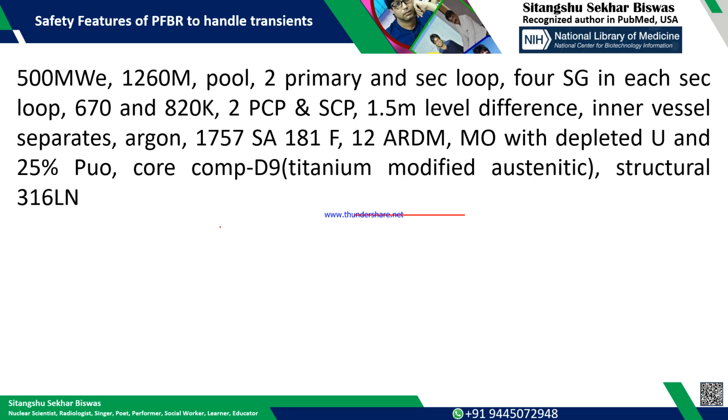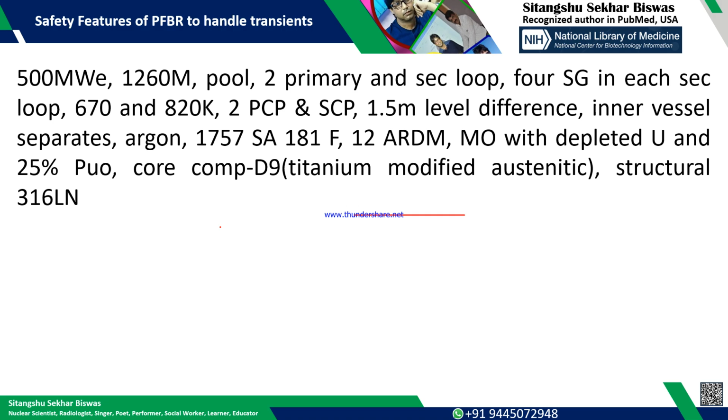The temperatures of the hot and the cold pool are 820 and 670 K. There are two primary coolant pumps on the top of the reactor, and two secondary pumps in the loops. The level difference between the hot and the cold pool is maintained around 1.5 meter.